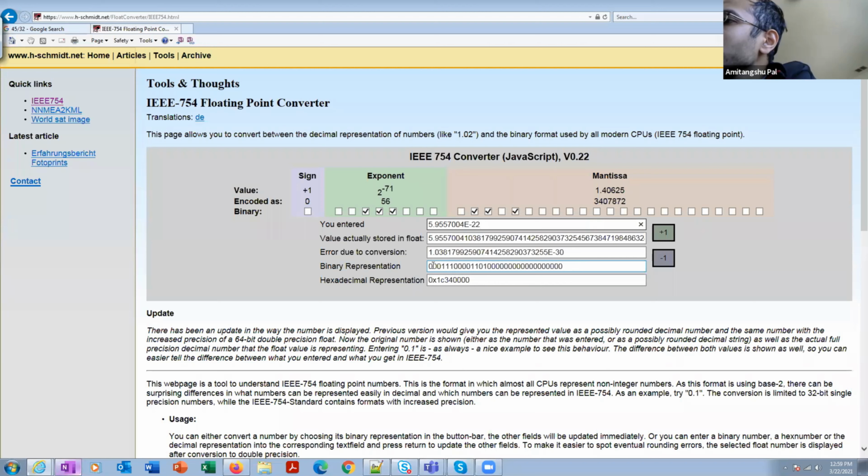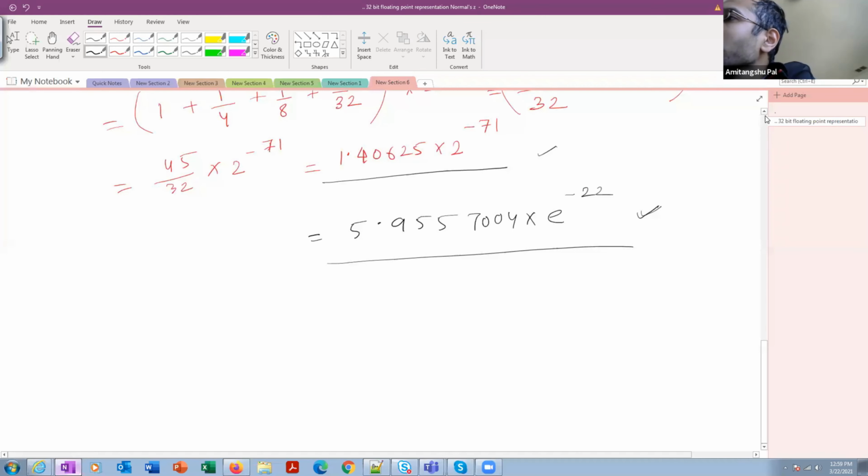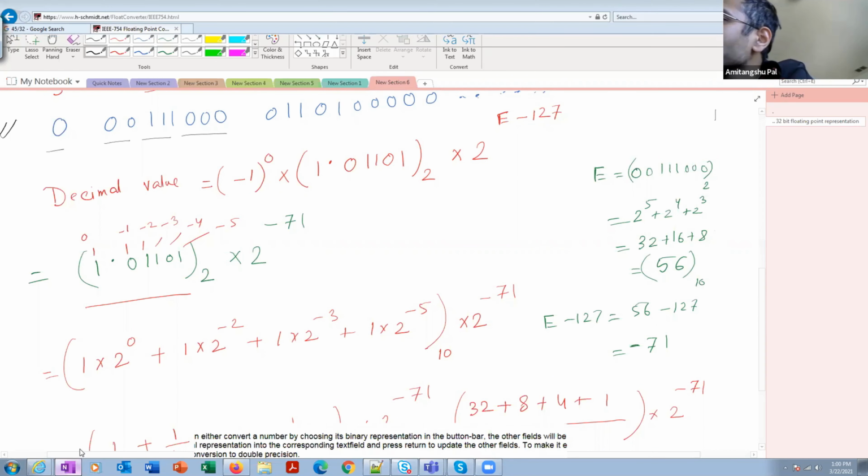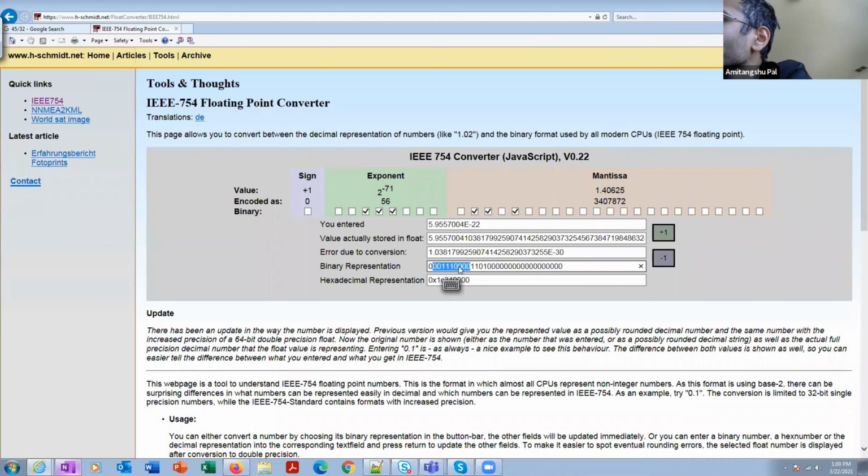So here the first bit is the sign bit, which is 0. The exponent bits are 0, 0, 1, 1, 1, 0, 0, 0. This is exactly matching with the corresponding exponent. And then the remaining part is the mantissa section. So the mantissa is 0, 1, 1, 0, 1, all zeros.